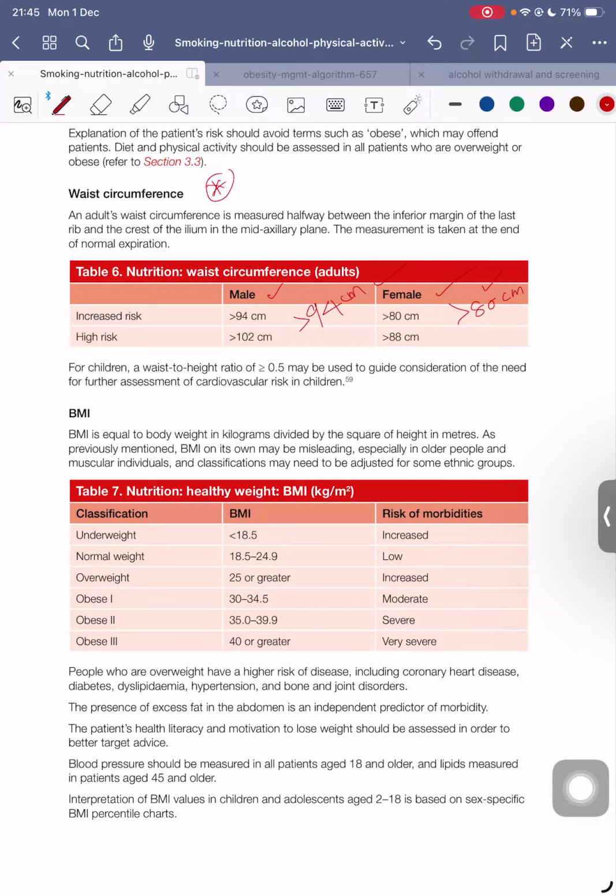So who is high risk? If the male patient has waist circumference more than 102, he is a higher risk patient. If the female patient has more than 88 waist circumference, she is at higher risk for obesity.